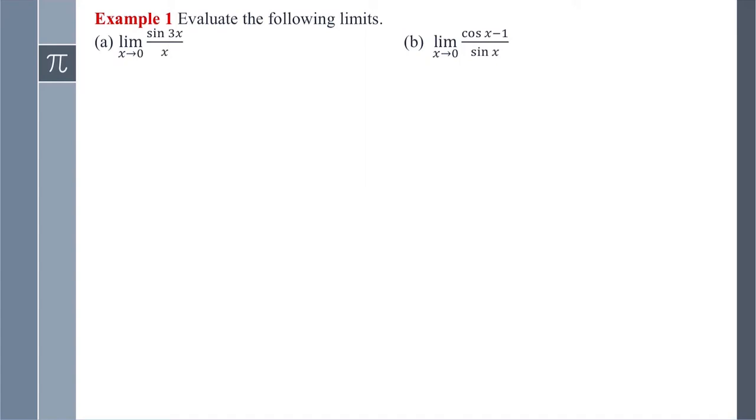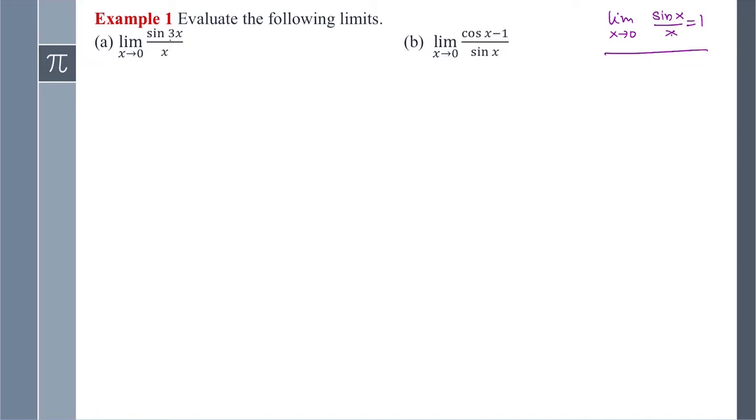So for the first one, we are going to still use this formula. Limit as x approaches 0 of sine x over x equals 1. Now here, we don't have exactly the same thing because we have 3x and we have x in the bottom. So just to make it the same, if we have 3x here, we need 3x in the denominator.